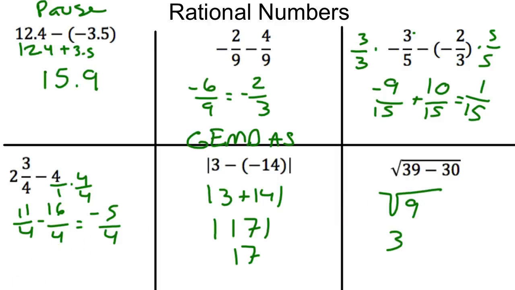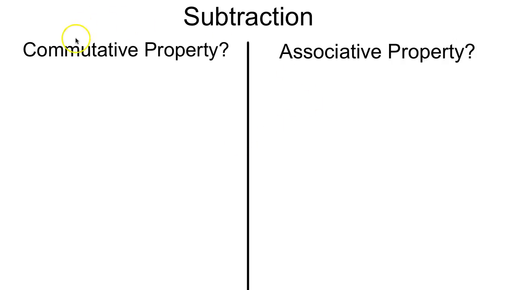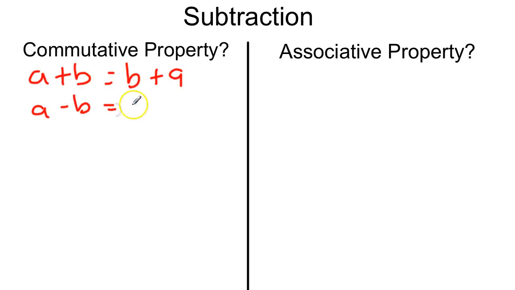Perfect. Let's move on. So, do the commutative and associative properties, are they true for subtraction? Let's find out. The commutative property said that A plus B equals B plus A. What if we did subtraction? Is A minus B the same as B minus A?